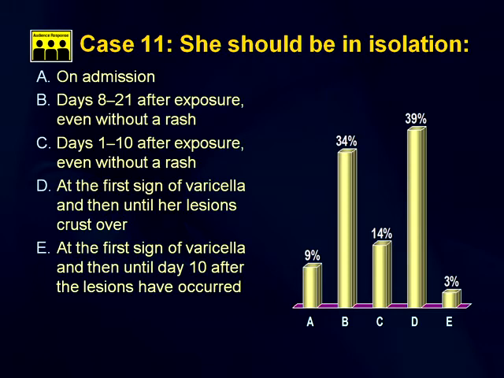So you can't do it at the first sign of varicella because they're infectious before they have the rash, okay? So what you do is you have to go with, what's the incubation period for this, and then start before the incubation period, and keep them in isolation throughout the incubation period. So that would be answer B here. Days 8 to 21 after exposure. Even if she never has a rash, she's got to be in isolation during that time period. Okay?